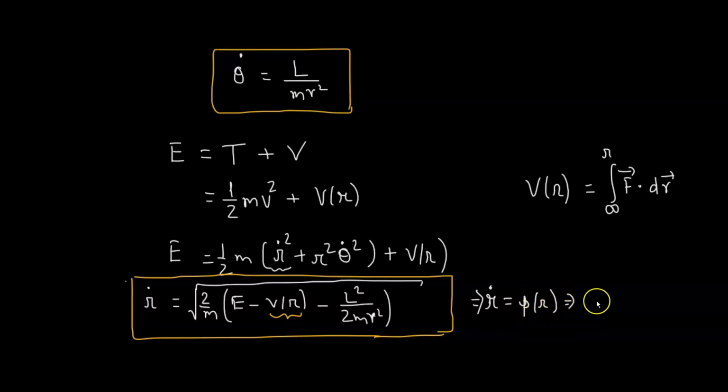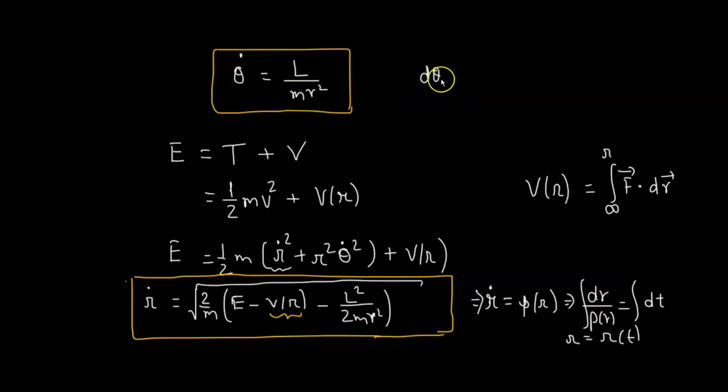Once we have this in particular form, we can separate the differentials to get dr over p of r equals dt, and integrate both sides along with the proper initial conditions. That is going to give us the solution r as a function of t. Now once we have obtained it, we go back to our theta dot.